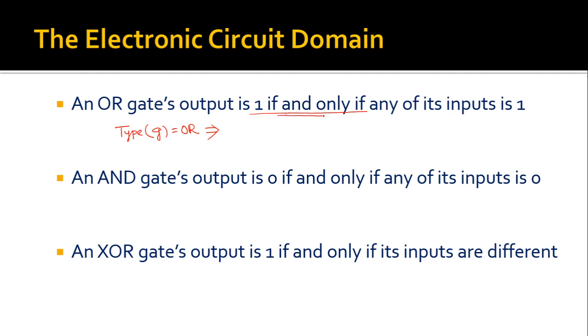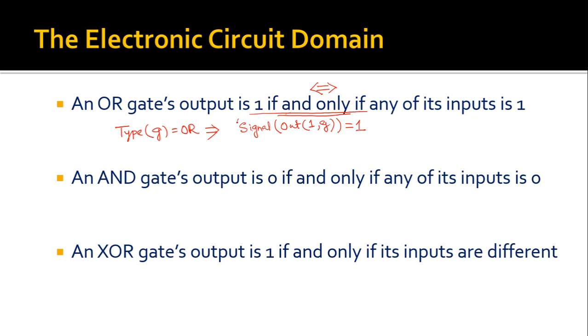Whenever this if and only if is present, explicitly you have to model that with a both-way implication, right? So how do we model that the output is 1? We model that with something like this. The signal at the out terminal, the first terminal at the output of the gate T, is equal to 1. Signal is a function, right?